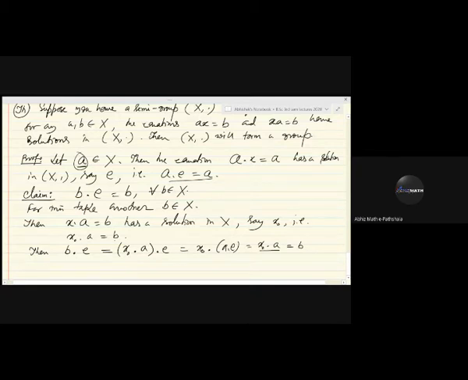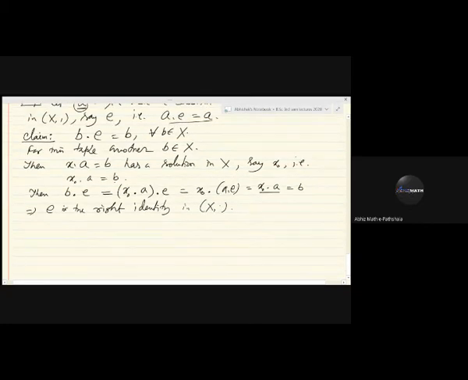So you have proved that E is the right identity in X dot. So you have searched out the right identity in X dot.